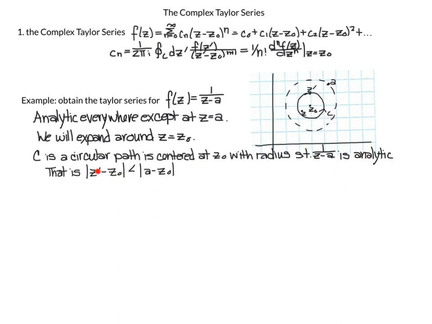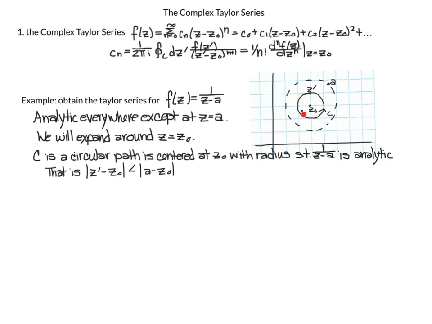That is, we want the magnitude of z prime, wherever we are on the circle, minus z naught to be less than the magnitude of a minus z naught. So in other words, the radius of our contour C is going to be smaller than the distance from z naught to a. So you can just kind of see this picture.